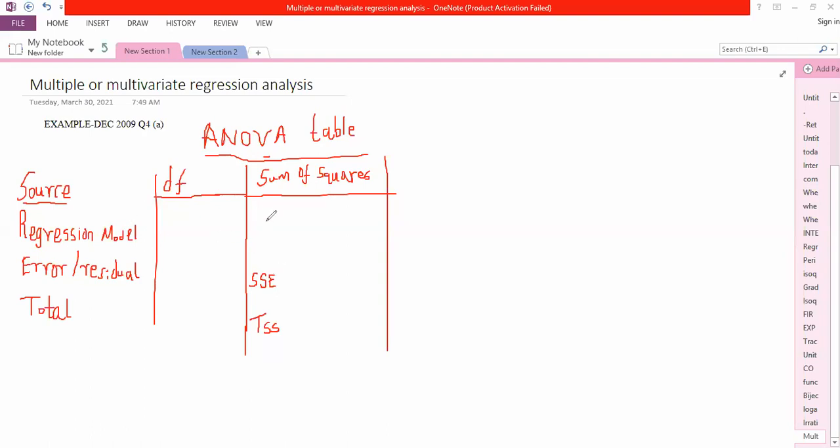And then for the regression model, I'm going to call it SSR, the sum of squares due to the regression model. So when we sum over these two, we'll be able to come up with the total sum of squares.